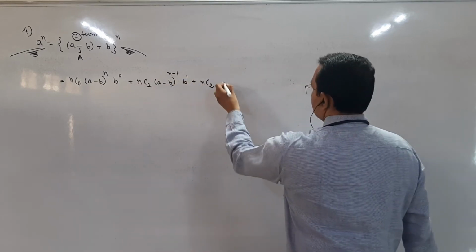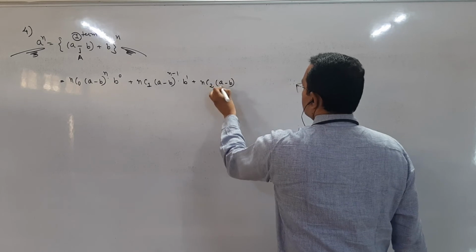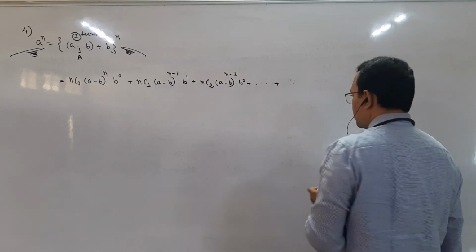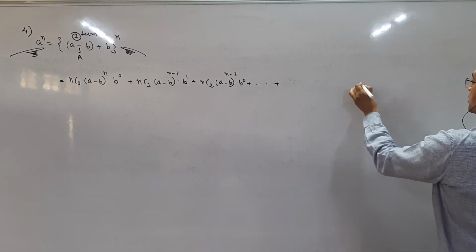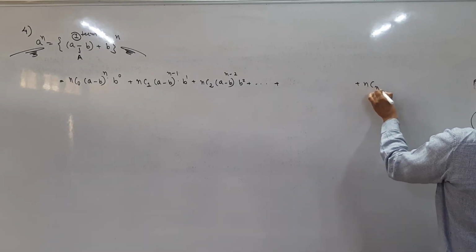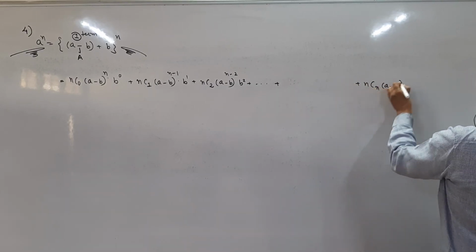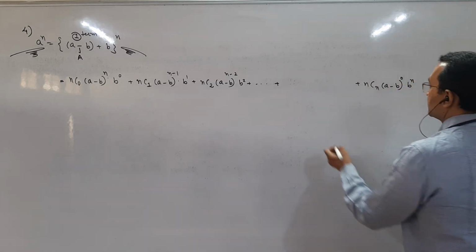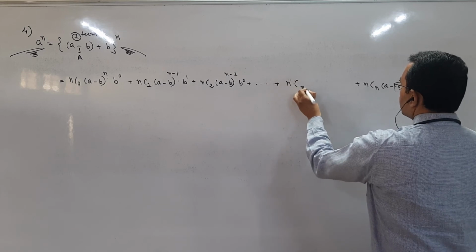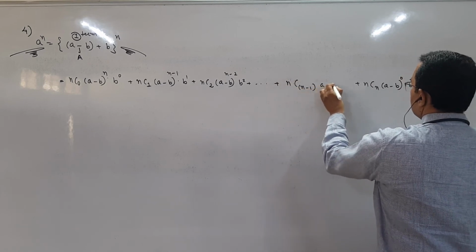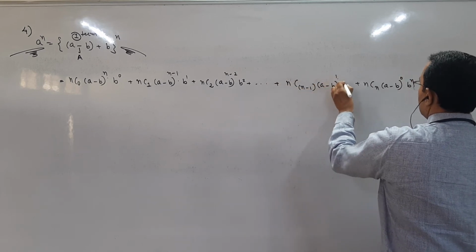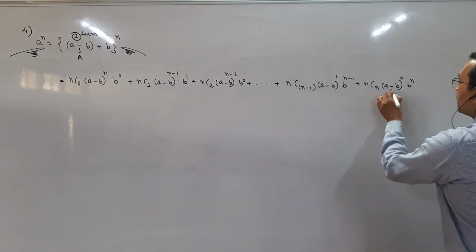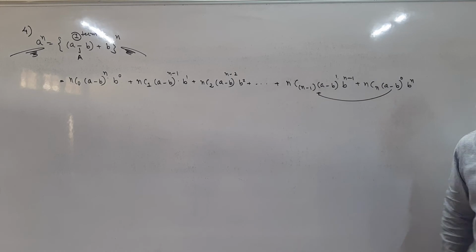nC2, a minus b raised to n minus 2, b square, up to the last term. The term before that I am writing nCn, a minus b raised to 0, b raised to n. The previous term will be nC(n minus 1), a minus b raised to 1 and b raised to n minus 1, a term before the last term, right?